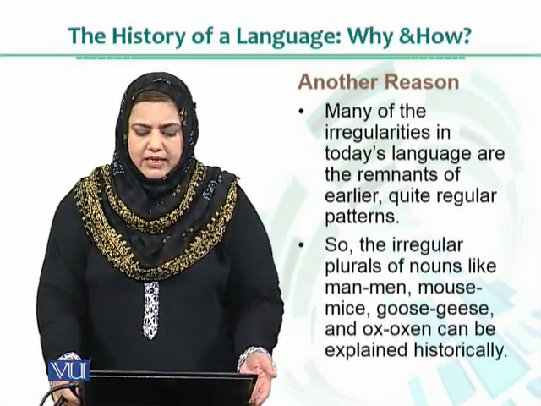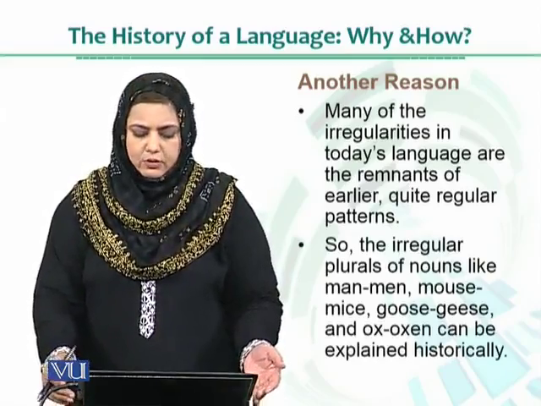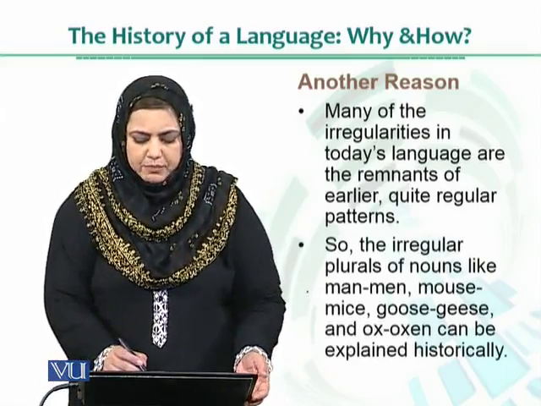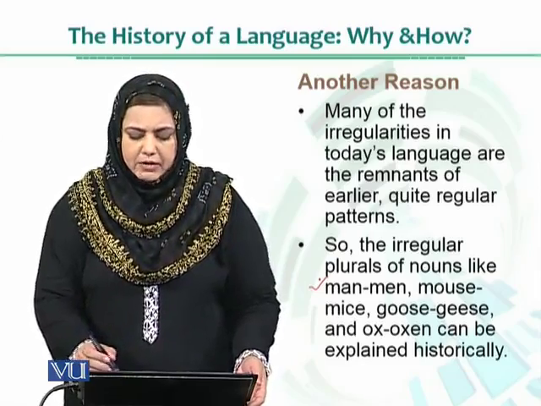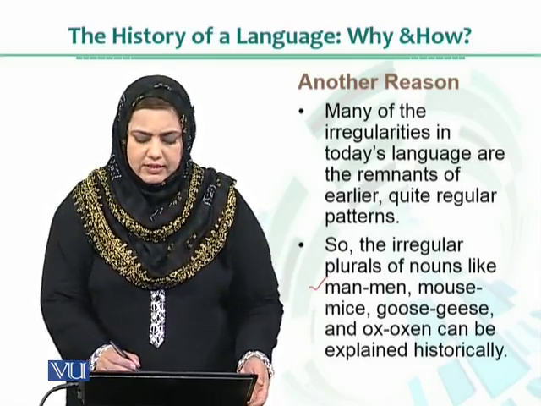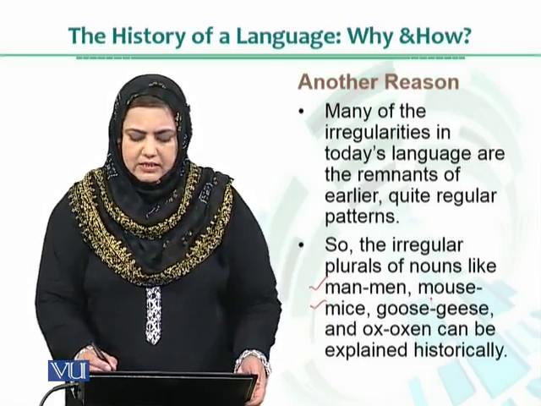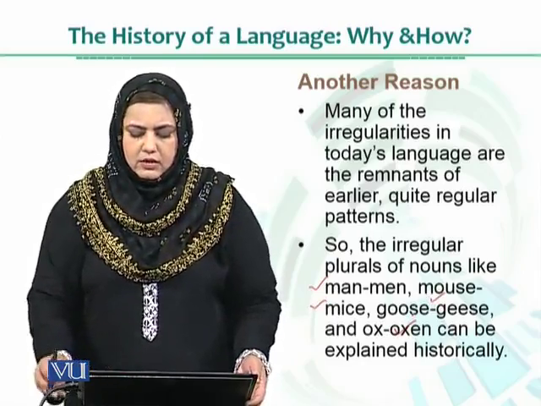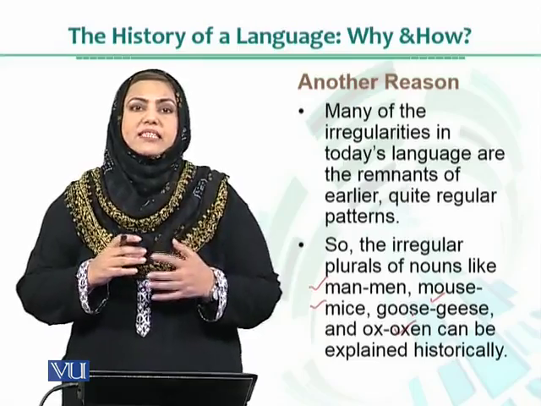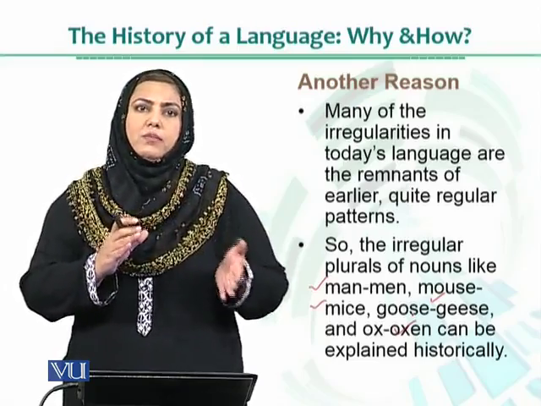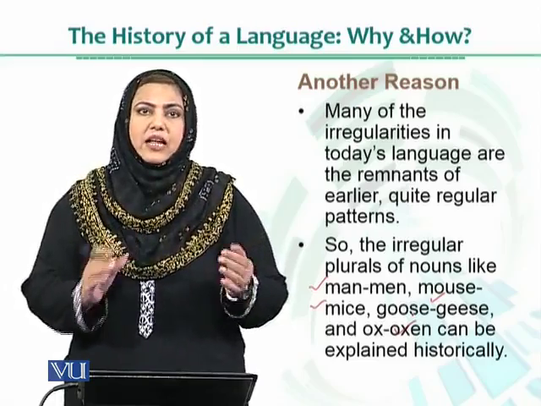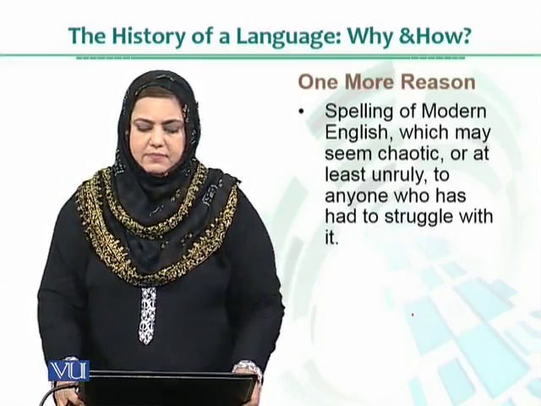I would just give you the example of certain plurals. If you look at the screen, some examples: man to men, instead of mans, or from mouse to mice instead of mouses, or from goose to geese, or from ox to oxen, for example. If we want to understand why there are these irregularities in making the plurals, we need to go back to the history of the English language to understand that.